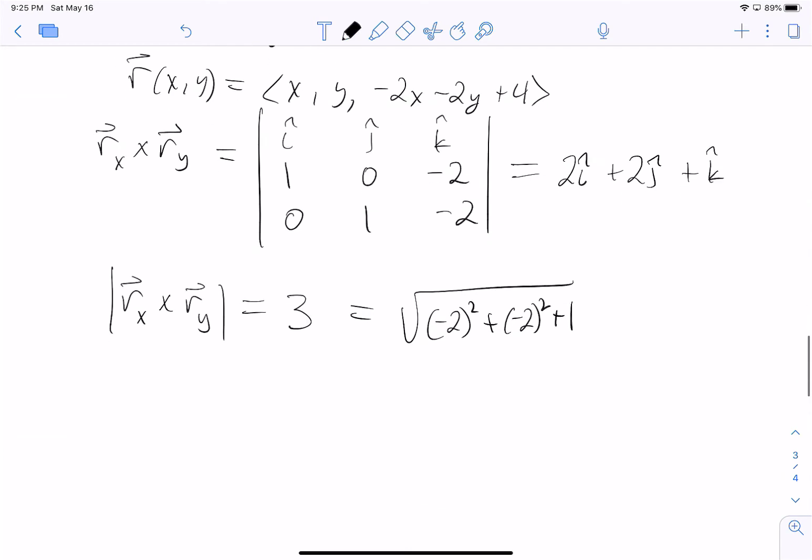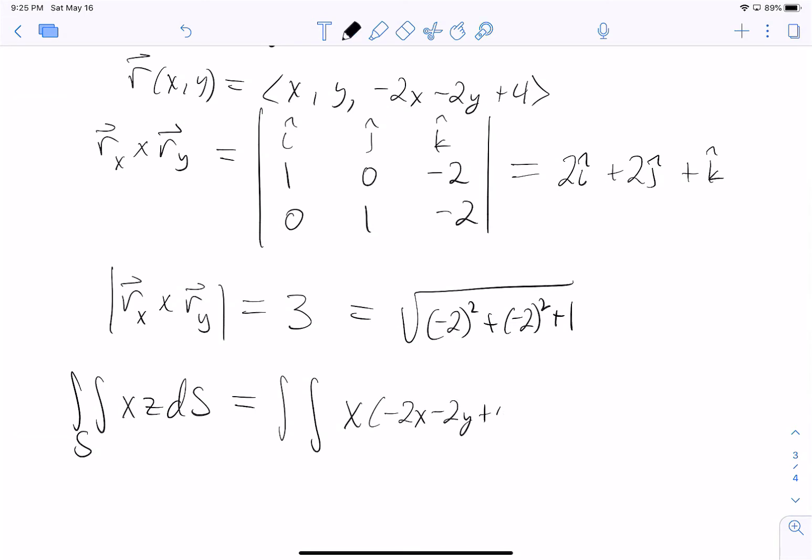Now our surface integral over S was to be xz dS. And so we are going to use x is x, z is equal to -2x - 2y + 4, and our dS is dA, and so 3 from the cross product, and we'll go with, oh, what the heck, dy dx.